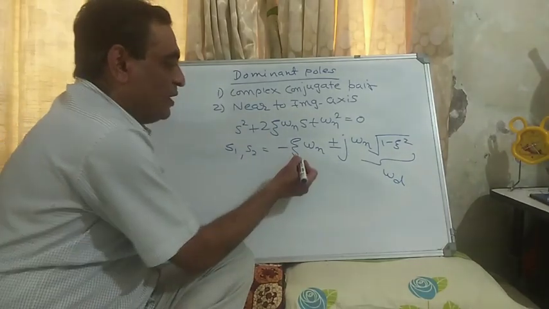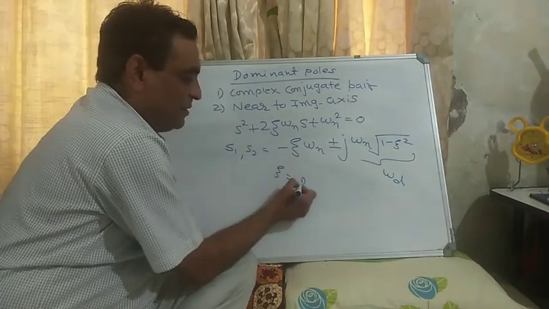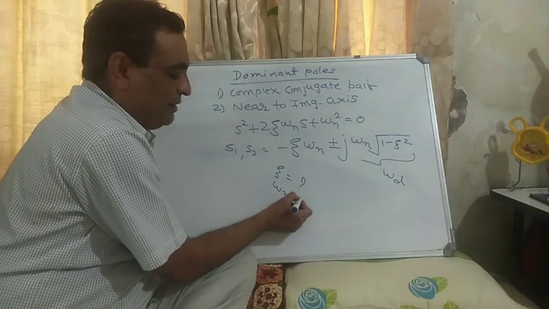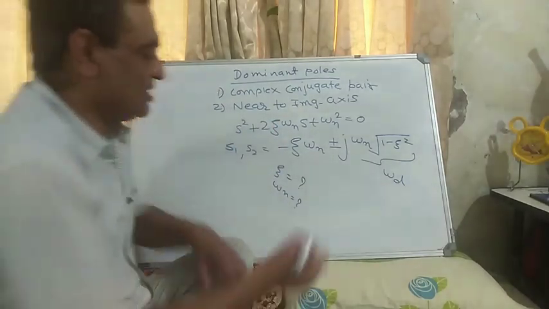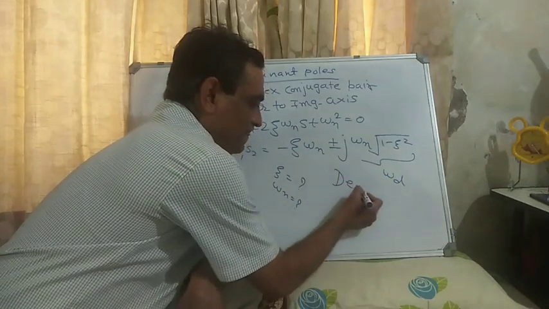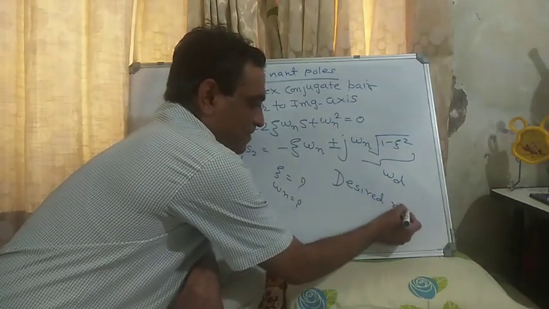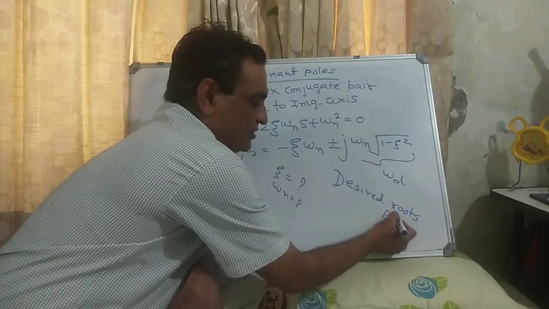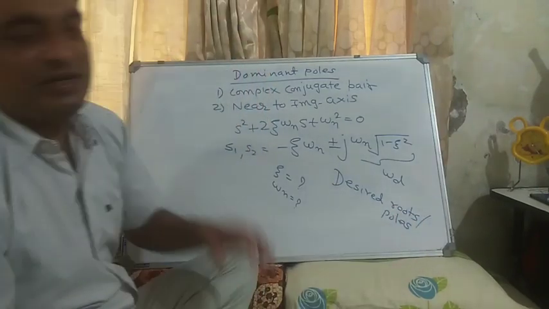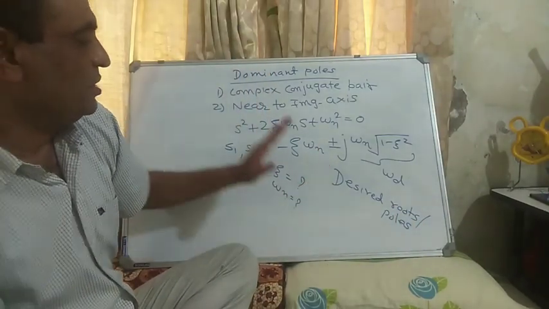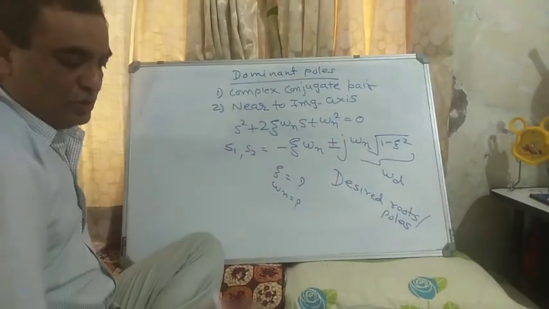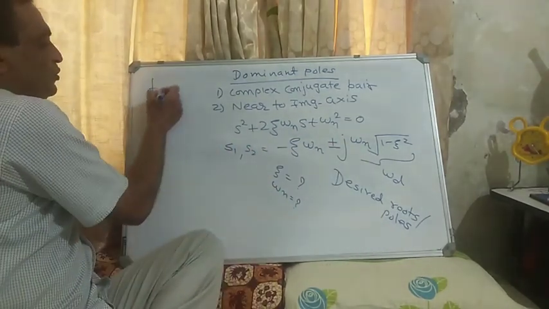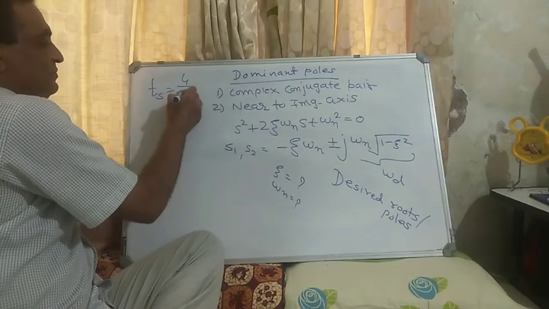So now, if you have the value of xi, if you have the value of omega n, then you can calculate these roots, desired roots. These are desired roots, or desired poles. So I need to find the desired poles first via these equations. So you have specifications with you. The settling time is given to you, which is 4 upon xi omega n.